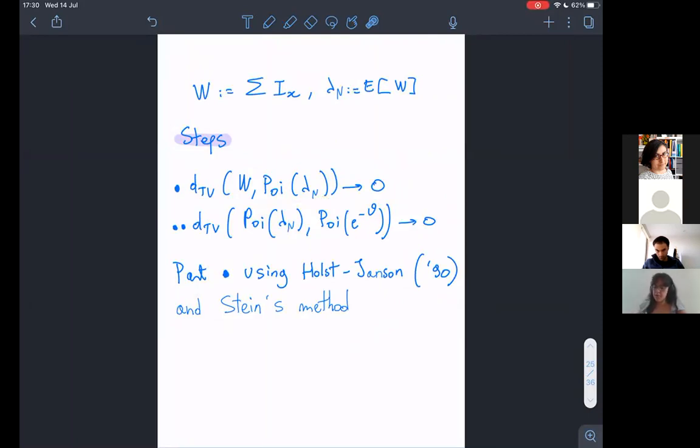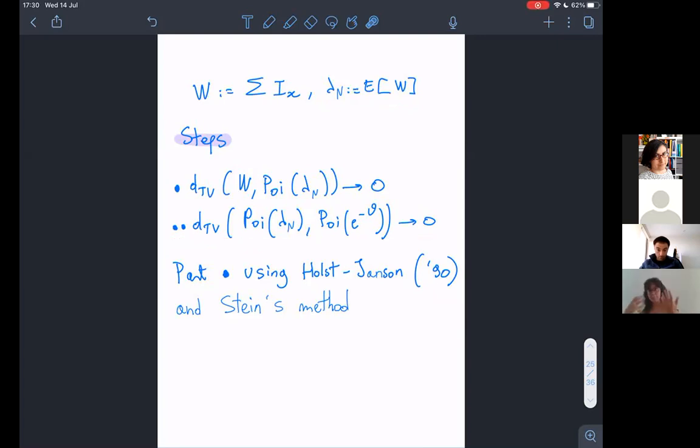So we need to prove that in total variation distance, but let's just say you want to approximate the exceedances with a Poisson random variable with this mean number, which is actually the mean number of exceedances, and finally prove that this Poisson lambda n variable has the right parameter. This part here, though, is not really concerning.